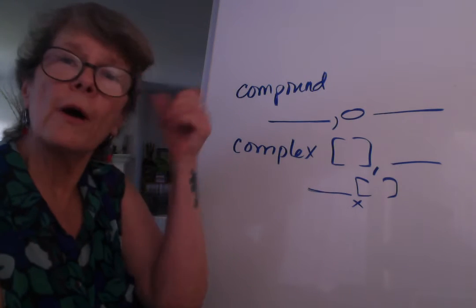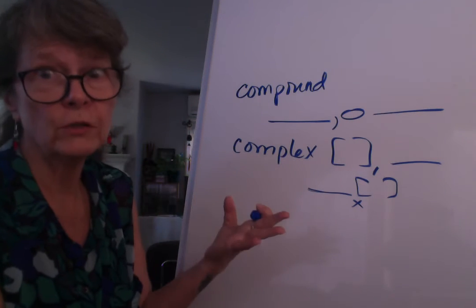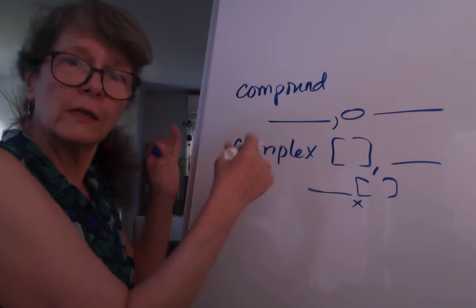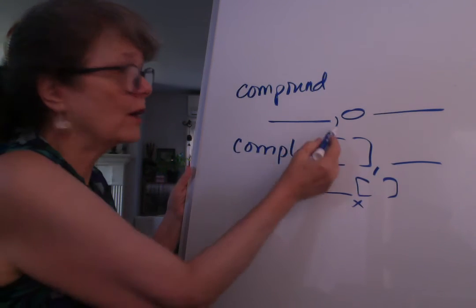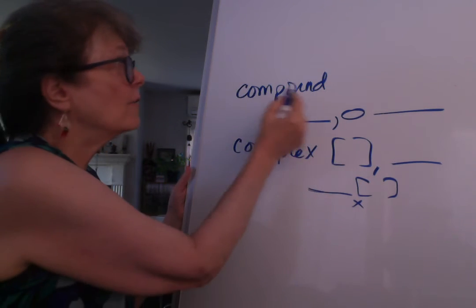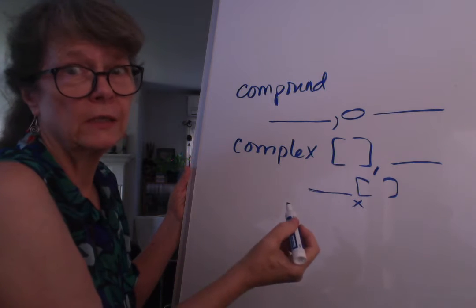We've also talked about commas in parallel structure. These are commas that are there because of the structure of the sentence.